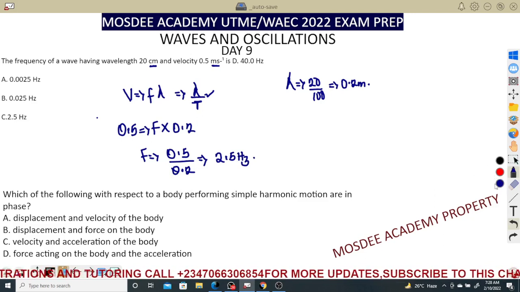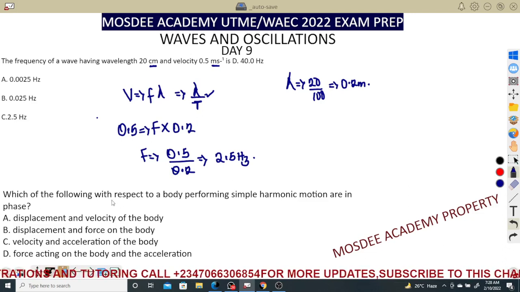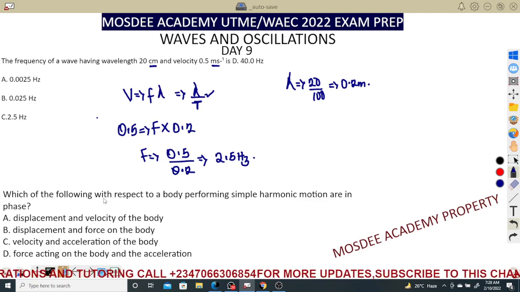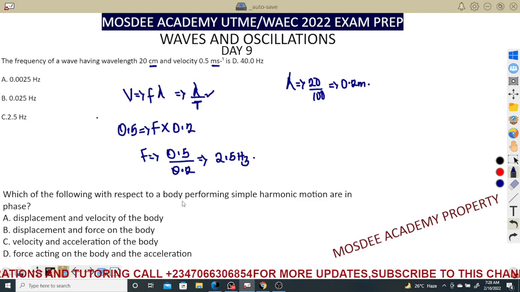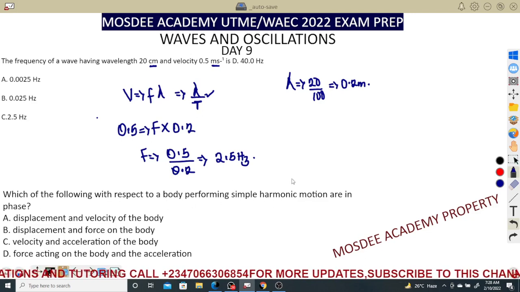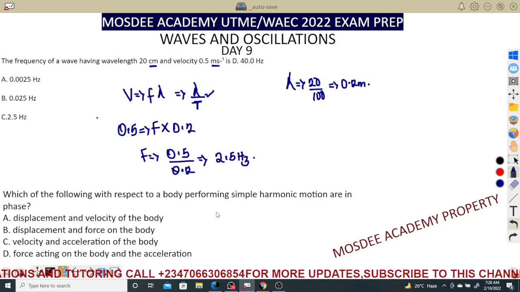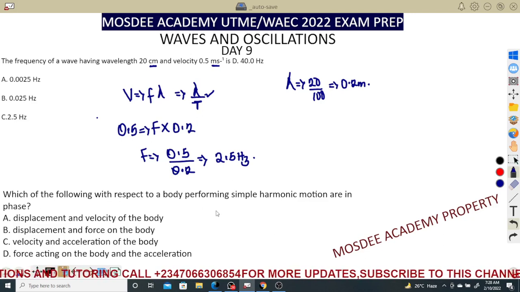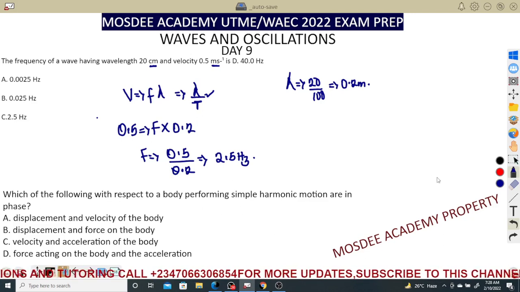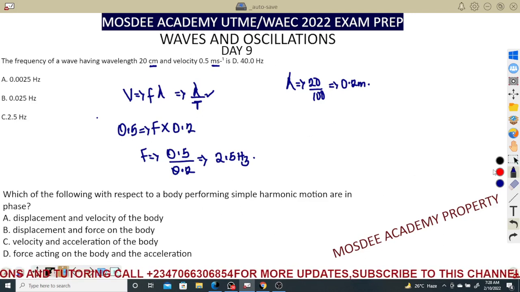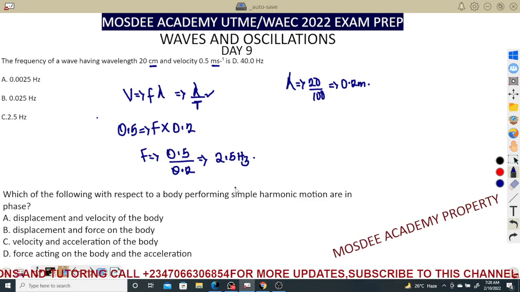If we check the second one, we have: which of the following with respect to a body performing simple harmonic motion, that's an oscillation, are in phase? Now, for simple harmonic motion, which is an oscillation topic, you have to keep the characteristics in mind.